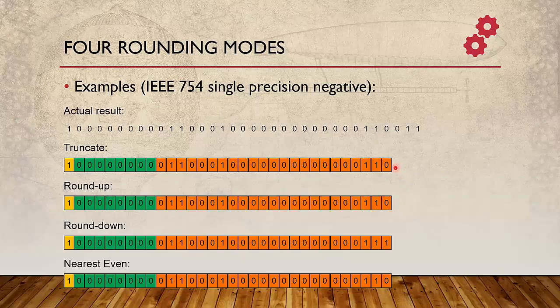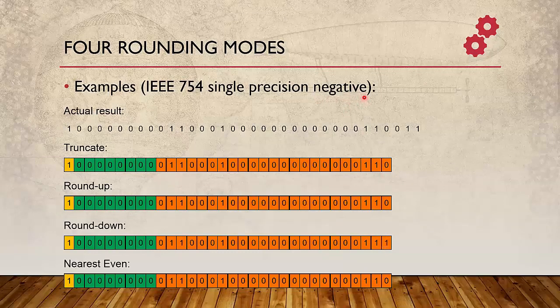Just now for positive values, round down was identical to truncation. So in this case, it's the opposite. Round up is identical to truncation, but for round down you have to add 1 to the remaining bits. So 110 becomes 111 because we have to add 1 for round down for a negative result.